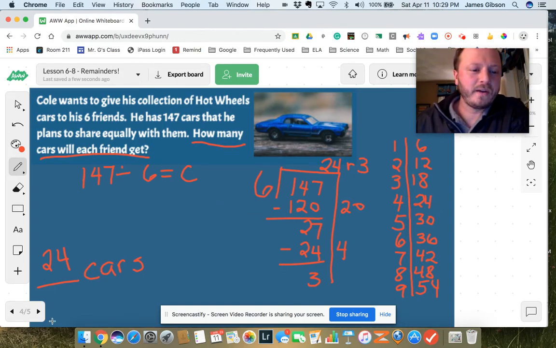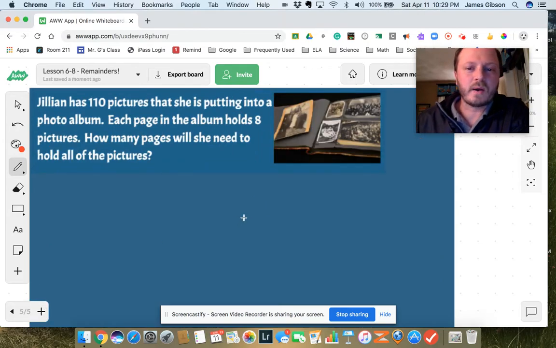Anyway, let's talk about our last question. Jillian has 110 pictures that she's putting into a photo album. Each page in the album holds 8 pictures. So 110 pictures, 8 pictures on each page, right? So we're going to circle each page too.